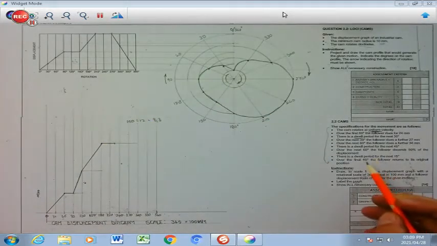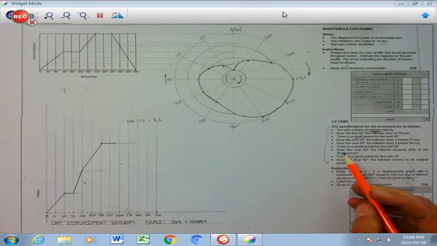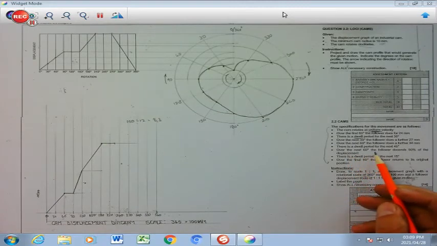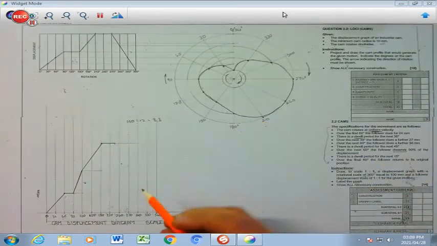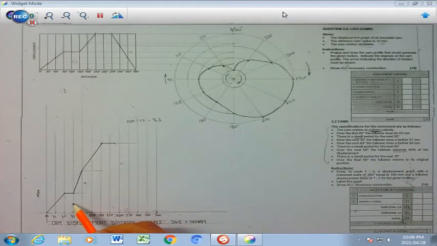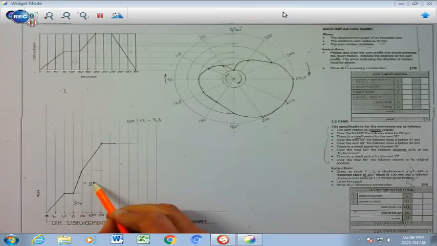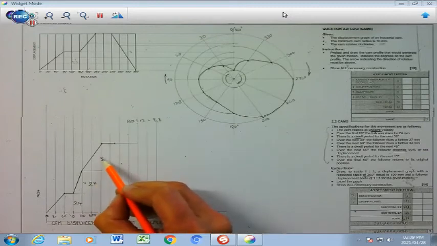My next bullet indicates that over the next 60, the follower descends. Descends means it comes down by 50% of the displacement. Now, here we need to do a bit of a calculation. We have here a rise of 24, then 27, and then 34.